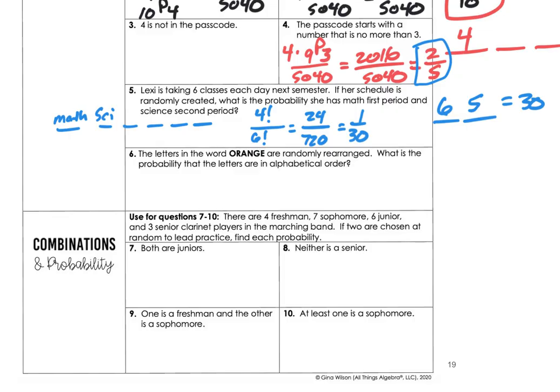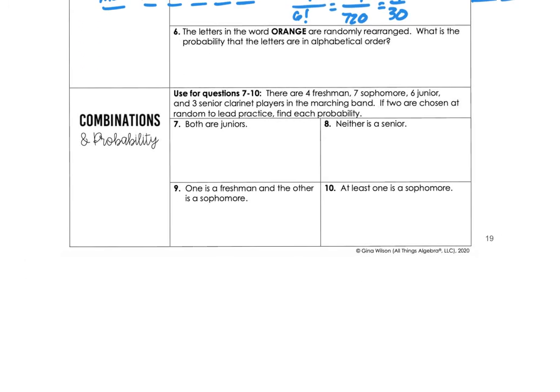All right, let's jump down to the bottom part here. We have 4 freshmen, 7 sophomores, 6 juniors, and 3 seniors in the clarinets in the marching band. 2 are chosen at random to lead practice. Find each probability.